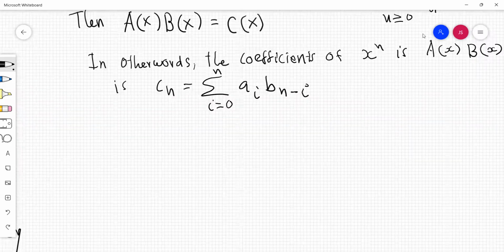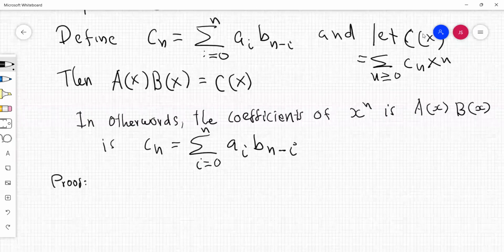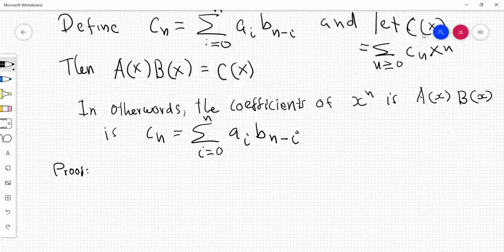You can see the proof. I will show just the idea of the proof.